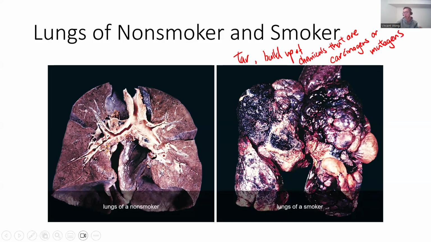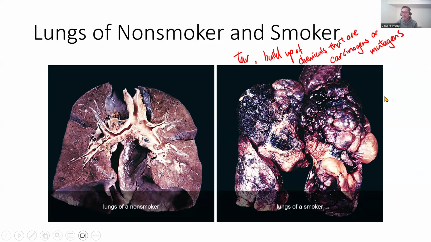Carcinogens are things that will cause cancer. Mutagens are things that will cause mutations. If a person accumulates enough mutations, then it could lead to cancer as well. Okay, so that's not good looking lungs.